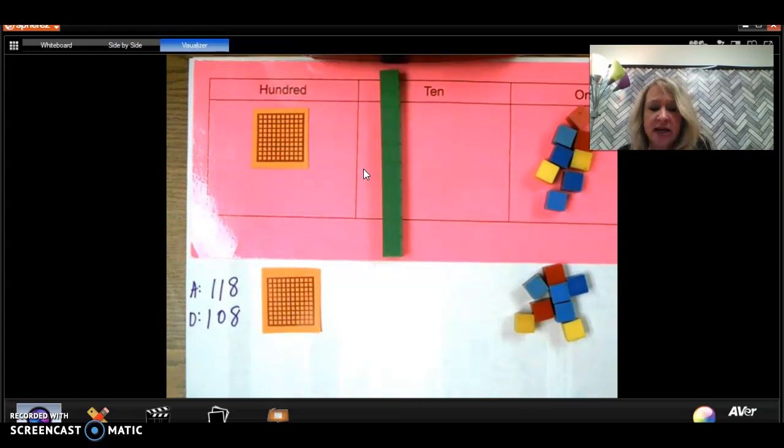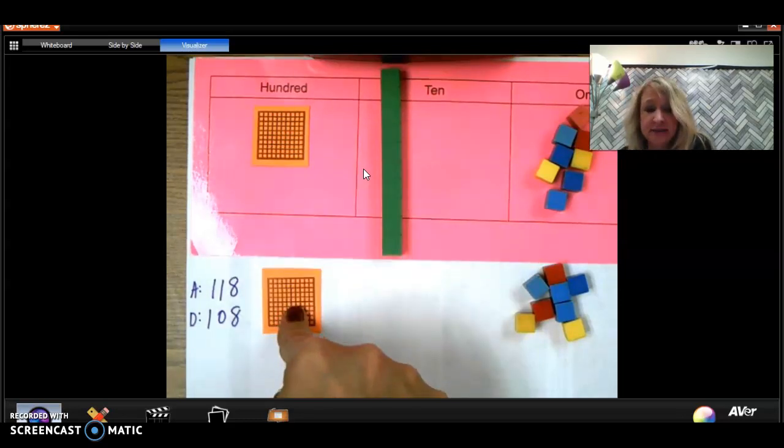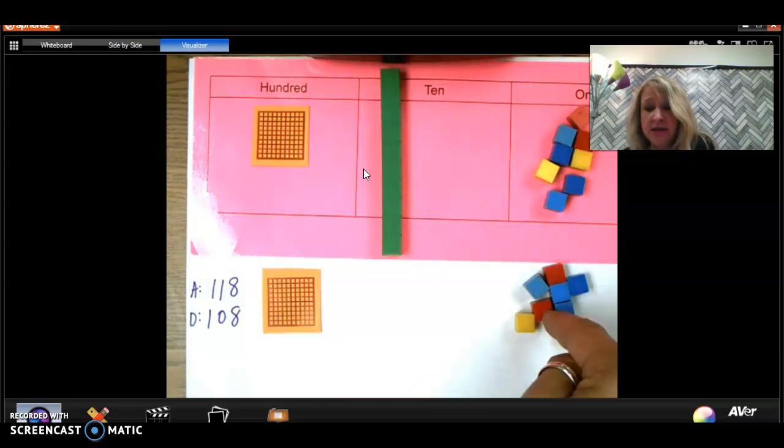So now let's find out who has less markers. What do you notice about both of these numbers? Yes, they both have hundreds. They both have 8 ones. That's right. What do you notice that's different?